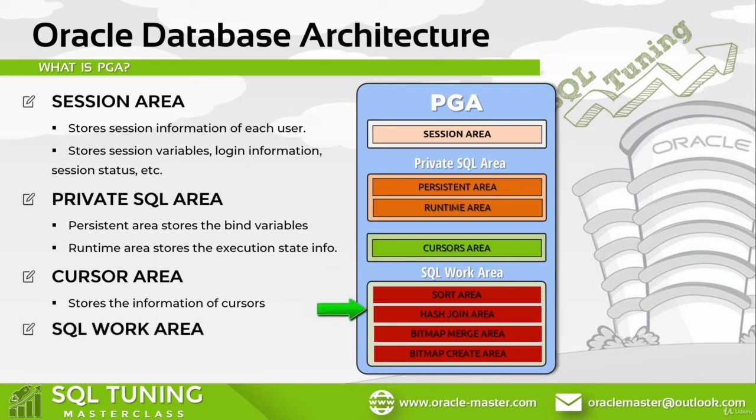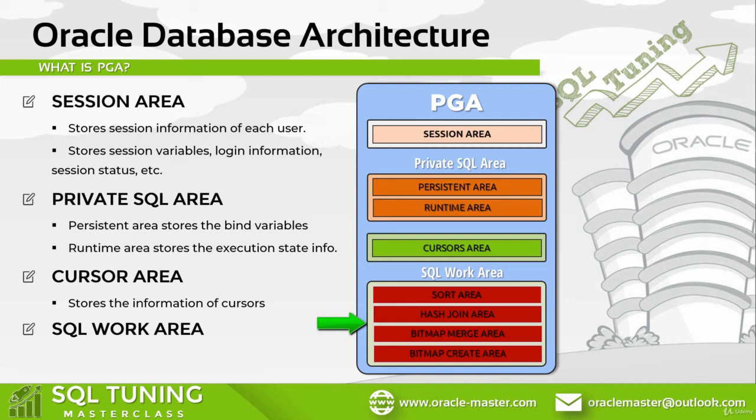The next memory area is the SQL work area. This area is used to operate on the data returned from the disks. As I have mentioned before, the data is read from the disks in its memory order, I mean how it is stored. But most of the time they need to be sorted, grouped, merged, etc. This area does these kinds of operations.